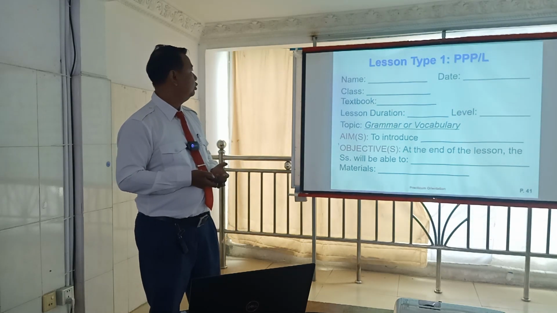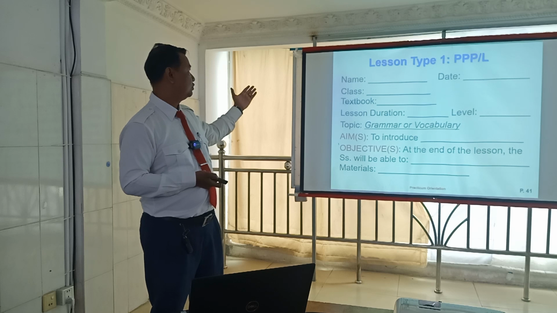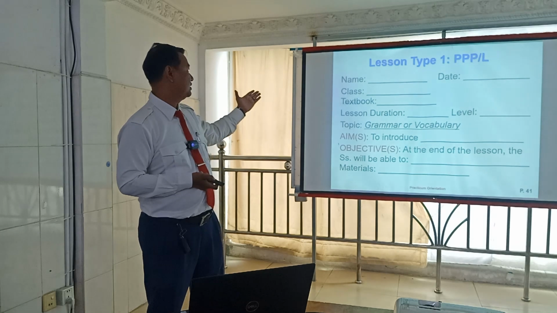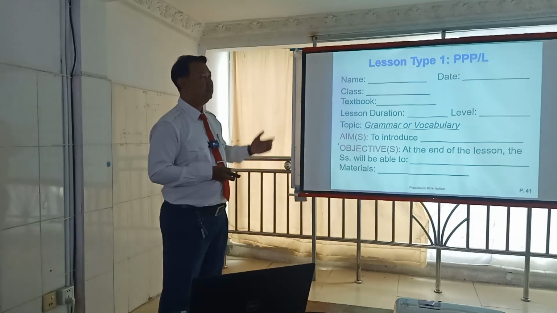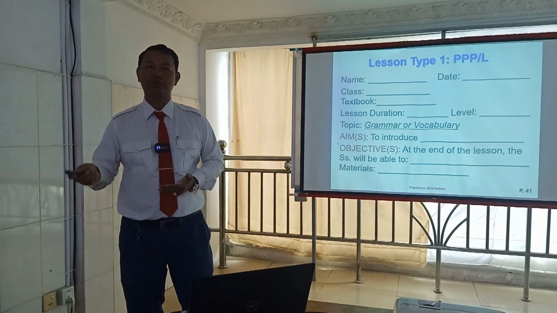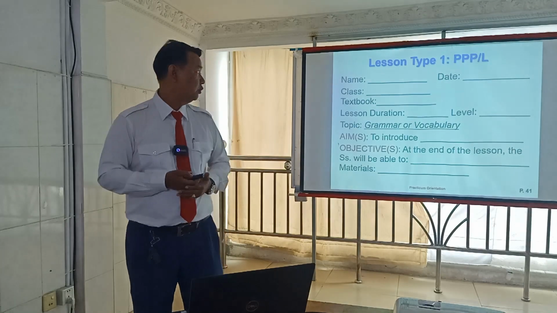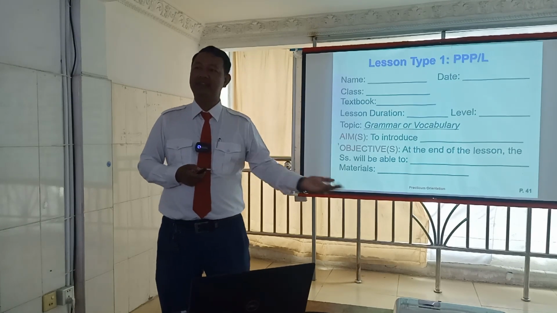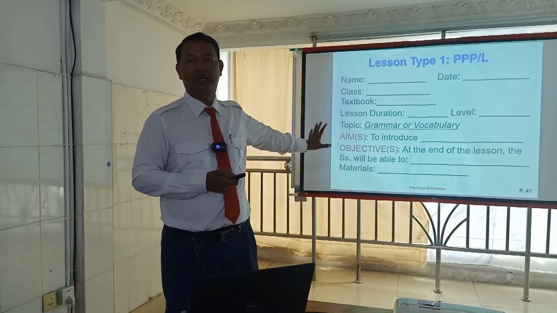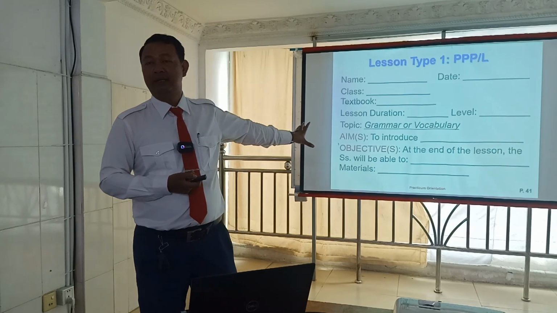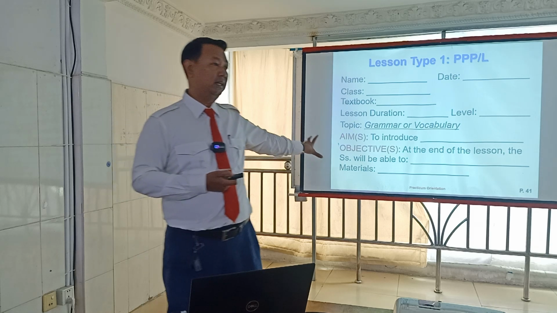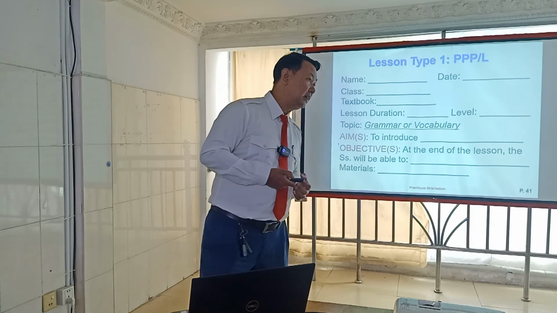At the beginning, you are going to write down your name as trainee, class, date, and textbook, which means the topic as well. And lesson duration can be 45 minutes or 60 minutes. It's okay. And level, we are going to change. At the moment, I saw on the teacher's slide it just mentioned intermediate, pre-intermediate, right?